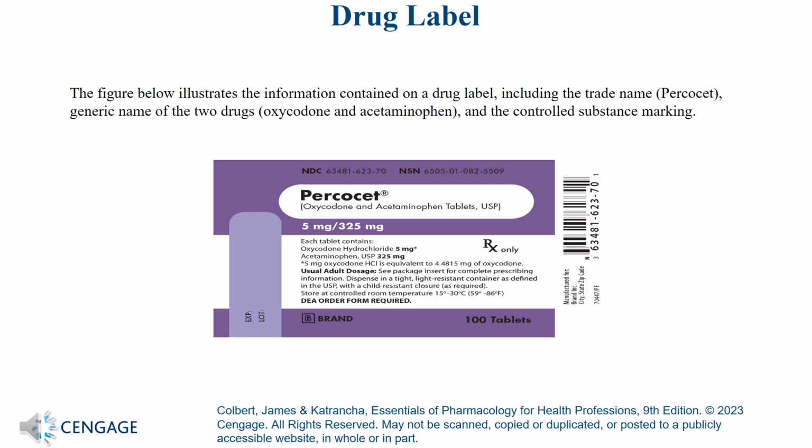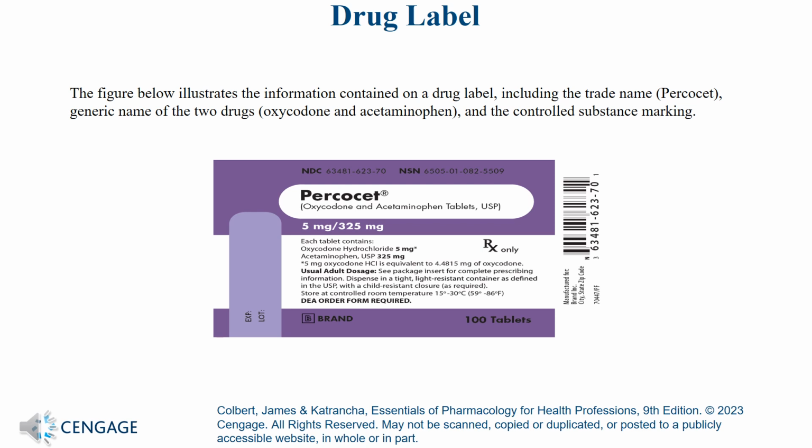Alright, what we are looking at is a drug label, and the trade name is Percocet. It has 2 generic drugs, which are oxycodone and acetaminophen, and it has the controlled substance marking. So if you'll look, you see the NDC number at the top of it.